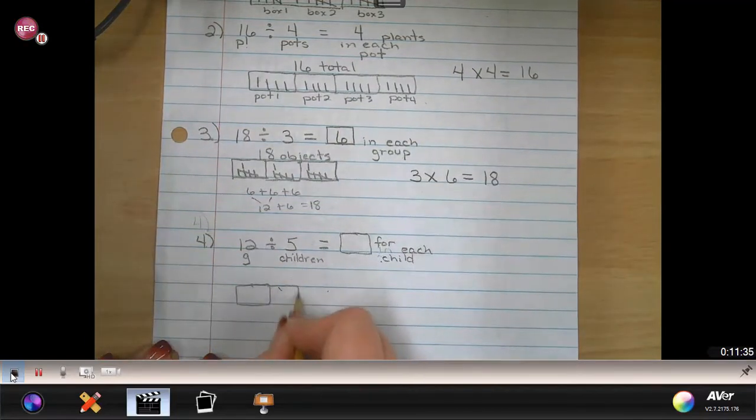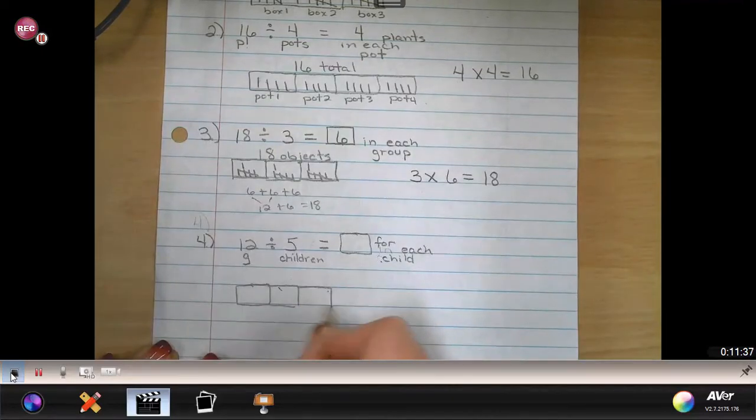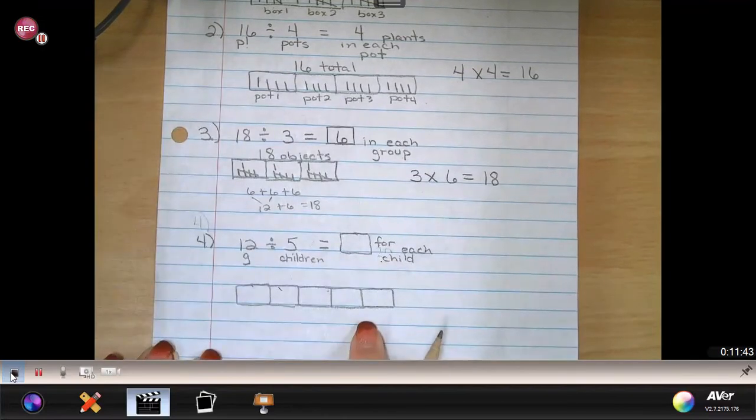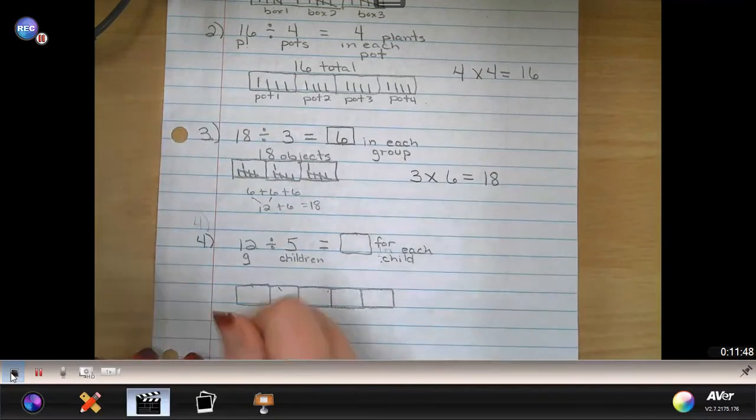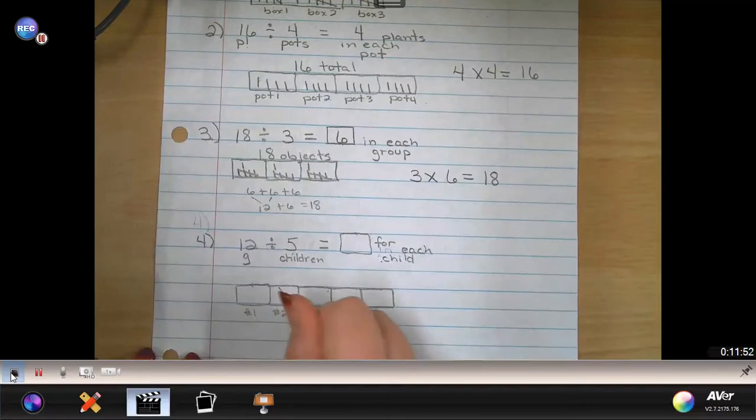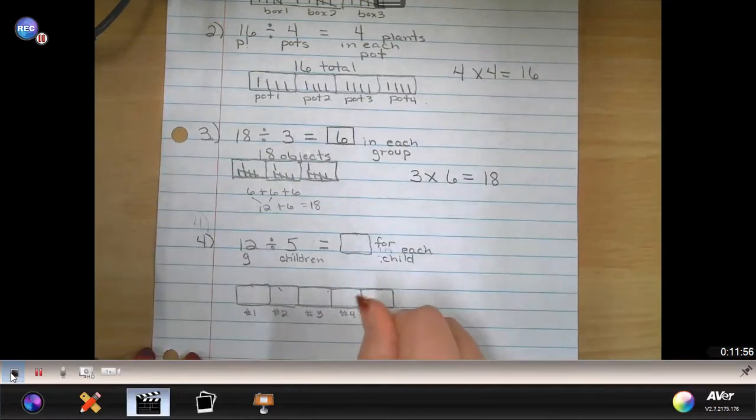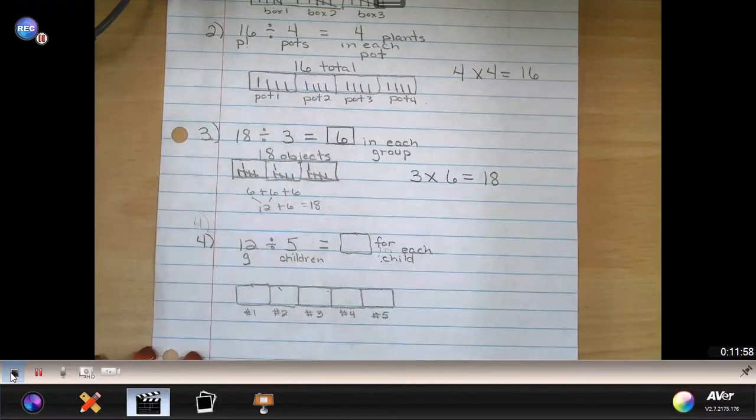I'm going to do a bar for each one of the children. So each one of these bars is being considered a child. Child 1, child 2, child 3, child 4, child 5. So number 1, number 2, number 3, number 4, and finally number 5.